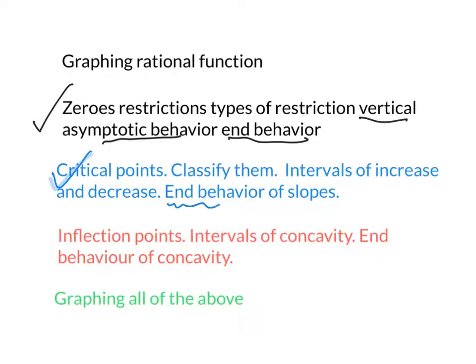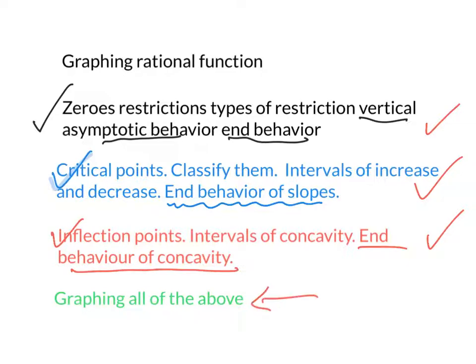And this I haven't talked about, we'll talk about in this video: the end behaviors of the slopes. The next one is inflection points, so talking about the second derivative and figuring out whether something is curving up or curving down. And we'll talk about the end behaviors on the concavity, which we haven't talked about before. Once we get all the calculations for these three steps, we're going to bring it all together and graph it as best as we can.